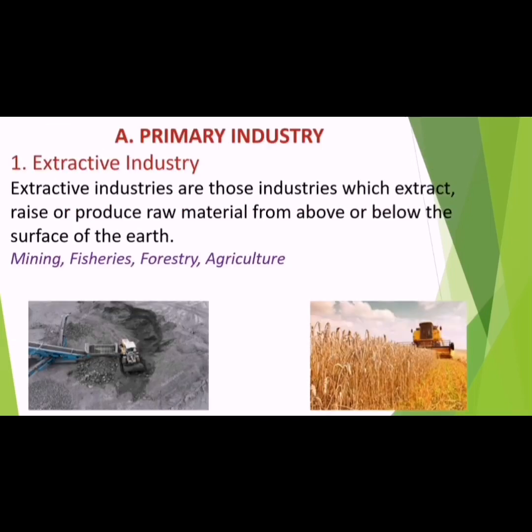So here comes first primary industry, that is extractive industry. Now on your screen you can see the pictures from the extractive industry. Extractive industries are those which extract, raise or produce raw material from above or below the surface of earth.